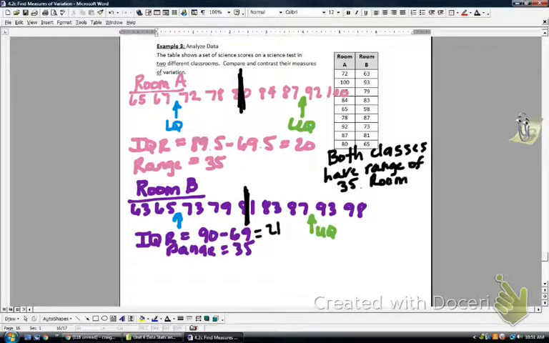Room A has an IQR of 20, and room B has an IQR of 21.